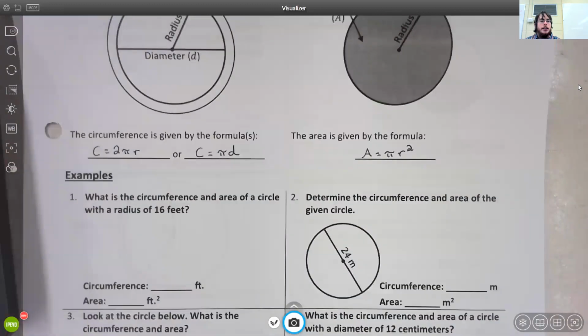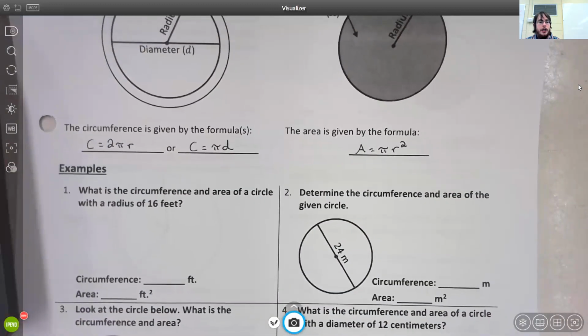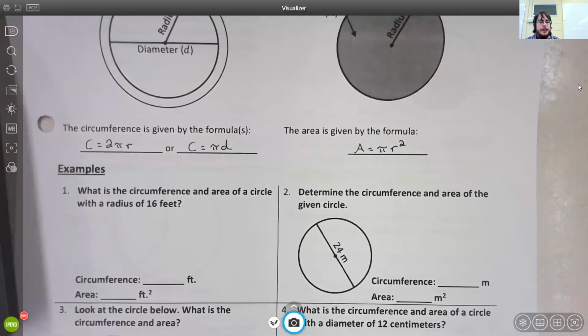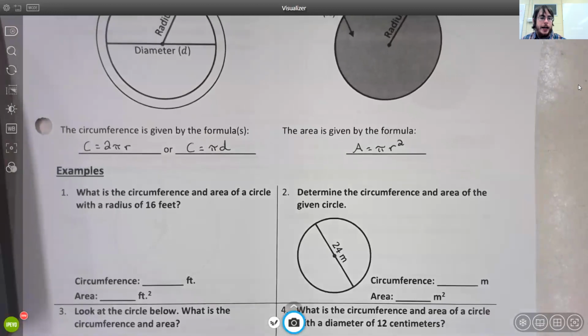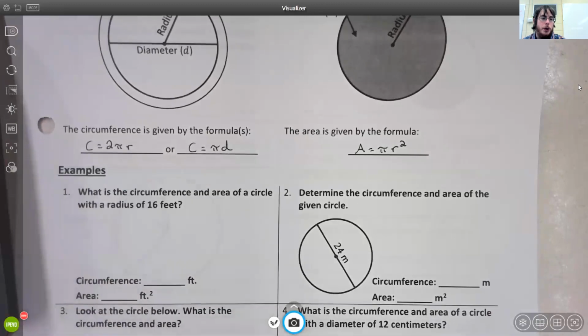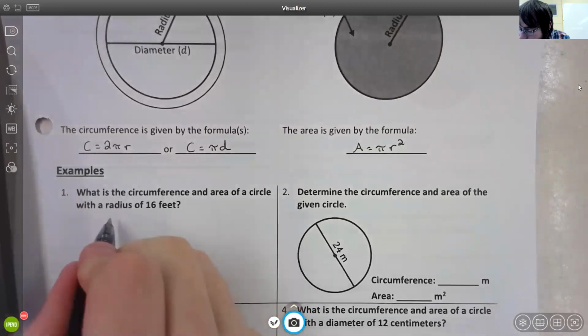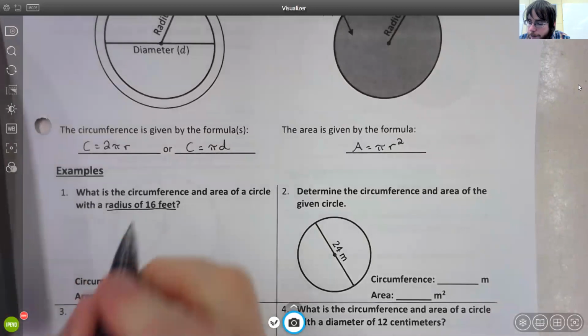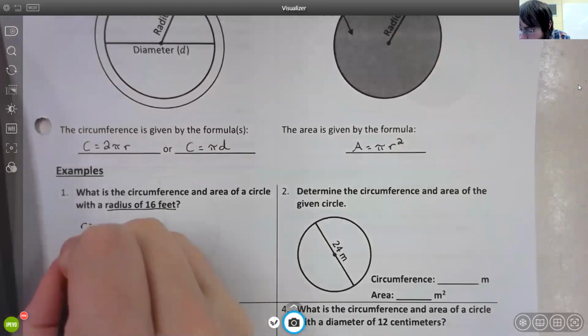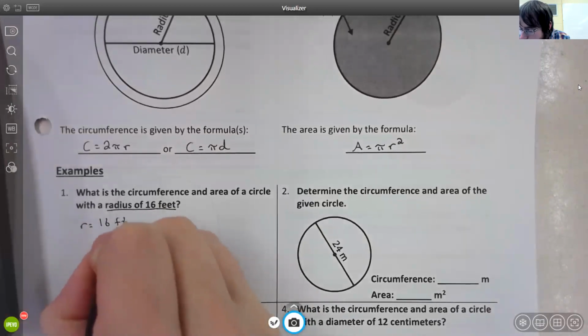Number 1 says, what is the circumference and area of a circle with a radius of 16 feet? So it wants to know the circumference and the area, so we're going to be using both of those formulas, and it gives us the radius of 16 feet. That means r is equal to 16 feet.